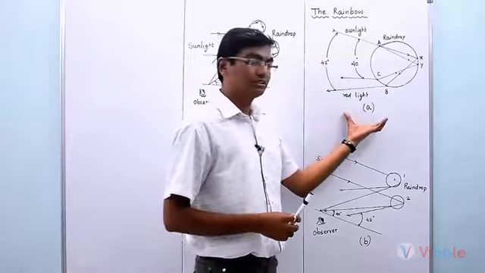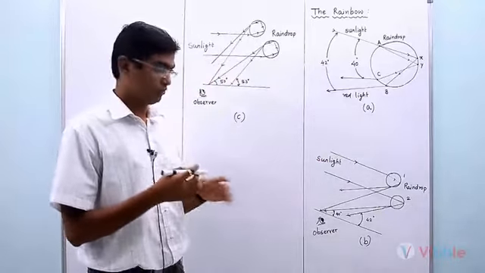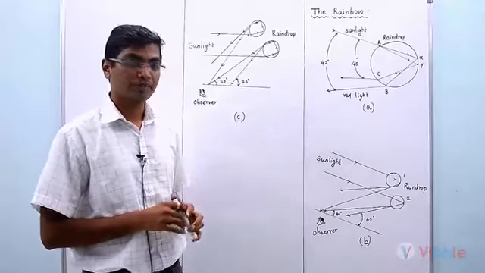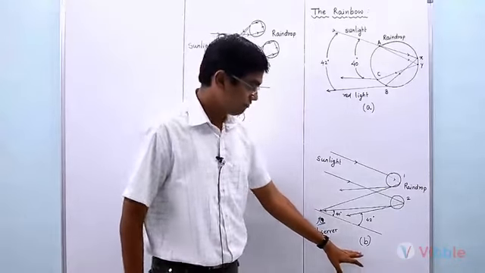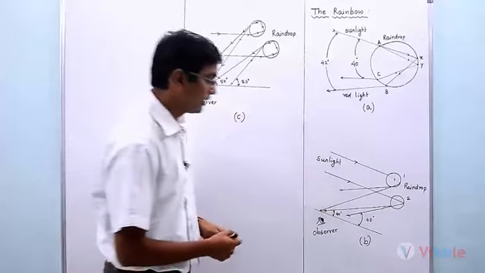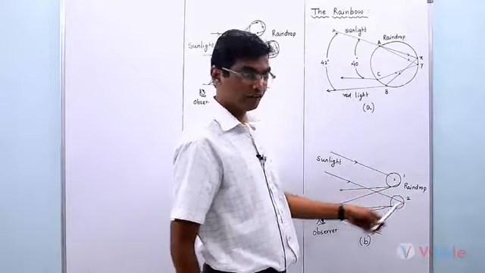Now the same concept is used when rainbows are formed. So let's look at figure B, where the primary rainbow formation is shown. Here, instead of a single raindrop, we have considered 2 raindrops.